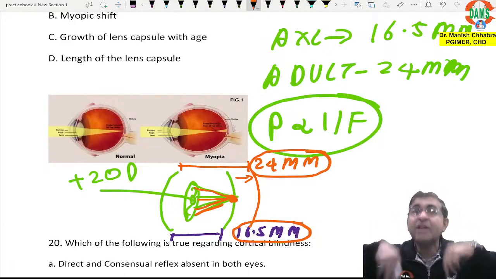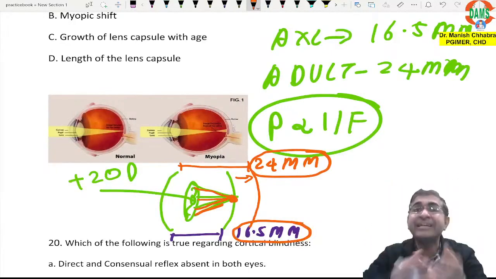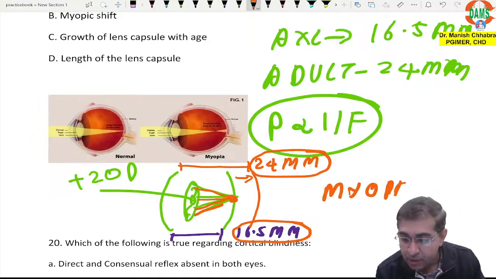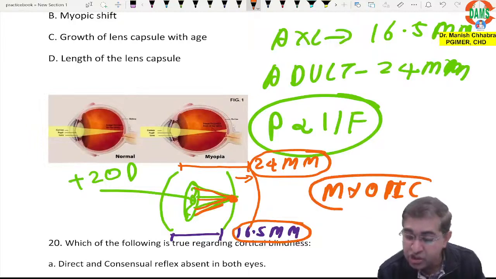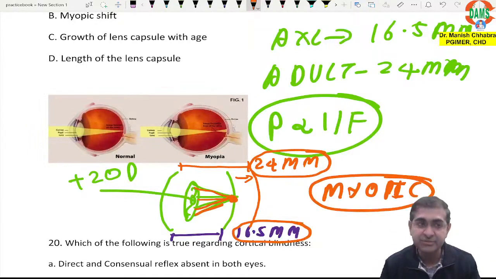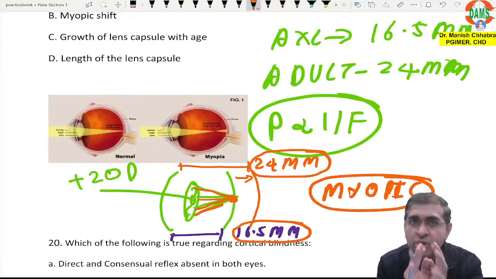So the patient will become myopic after some time post-operatively. So that is a major challenge while operating pediatric cataract surgeries. Have you understood? Yes. So how can you nullify this phenomenon?